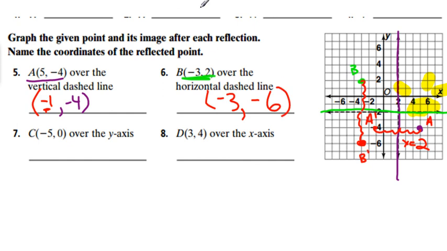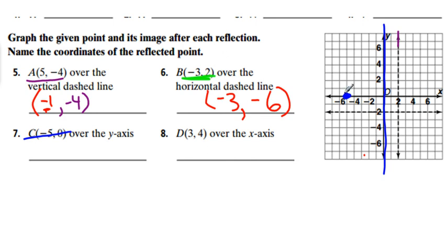Alright? I'm going to clear this off. It's just getting a little messy here. Alright, so point C is at -5, 0. Be right here on the x-axis. And it's reflecting across the y-axis, which means these ones are a little bit more straightforward. We just have to move this to the other side of the y-axis.